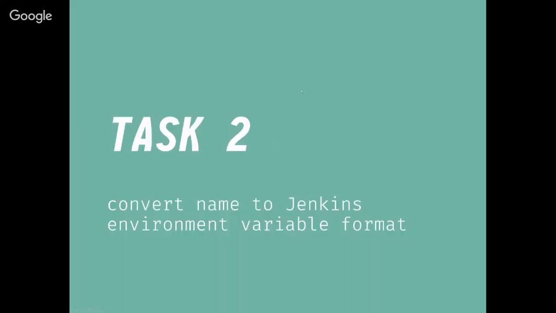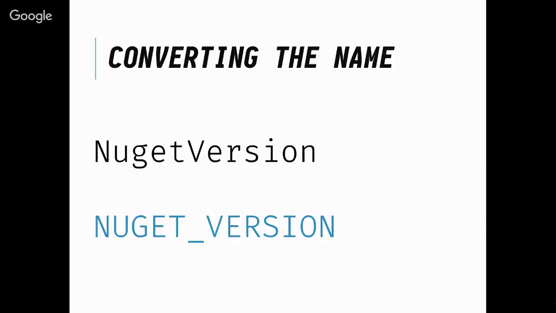Now we have another task, and this task is very similar to the previous one. We have to convert the name of something to Jenkins environment variable format, which you saw before. It looks like this. You don't have to do it.